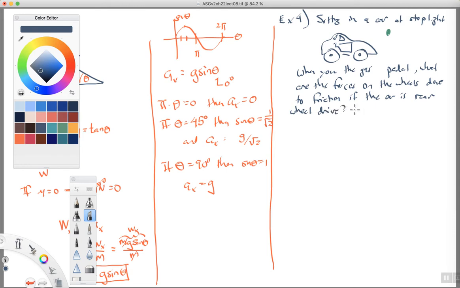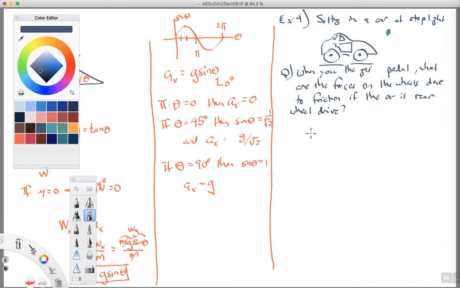So I'm not asking you to draw a complete free body diagram. I'm simply asking you, what is the direction of the frictional force exerted by the road on the back wheels and on the front wheels if your car is a rear wheel drive car?